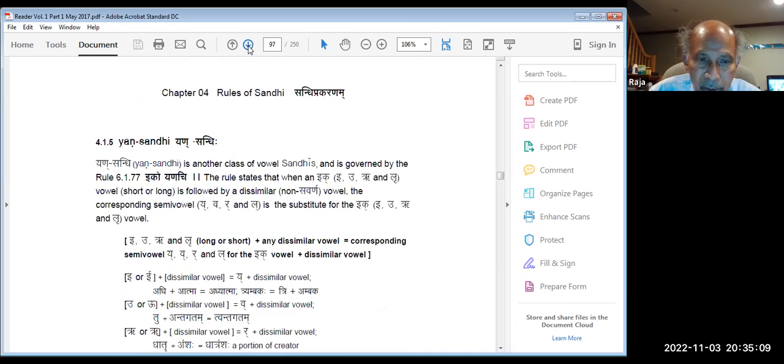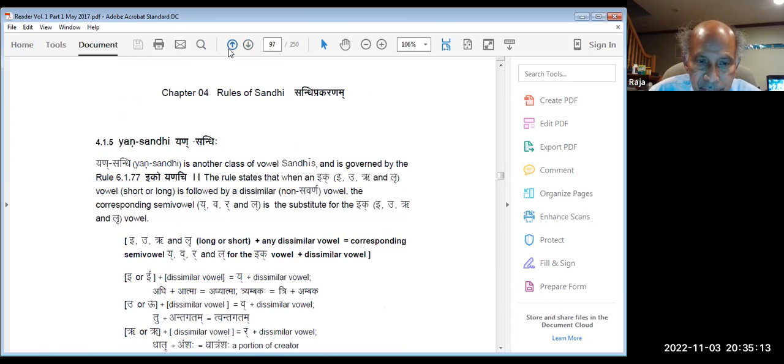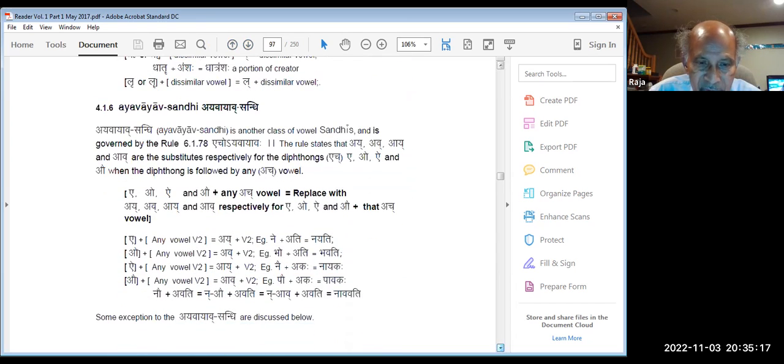Now, let's look at this Ayavadi Sandhi. We'll show you some examples in a minute. Then there is one thing here. Sometimes in the Ayavadi Sandhi, there are exceptions to that.